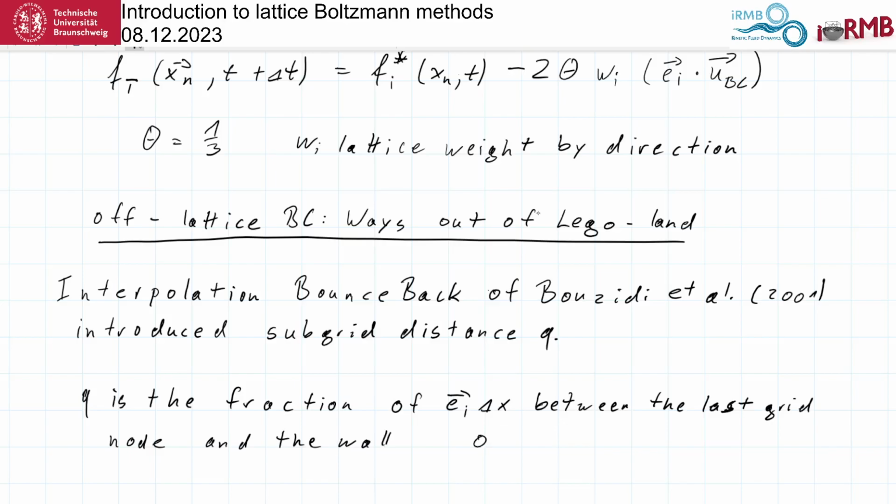Which means q goes from 0 to 1, basically. So it's either here or there or somewhere in between.